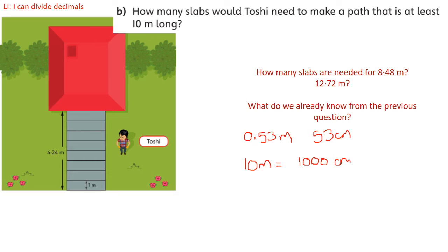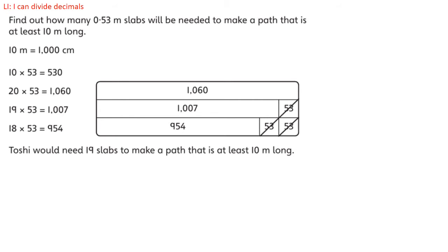Let's move on and have a look now how we can solve this. So it says, find out how many 0.53 meter slabs will be needed to make a path that is at least 10 meters long. So here it confirms again, 10 meters equals 1,000 centimeters.